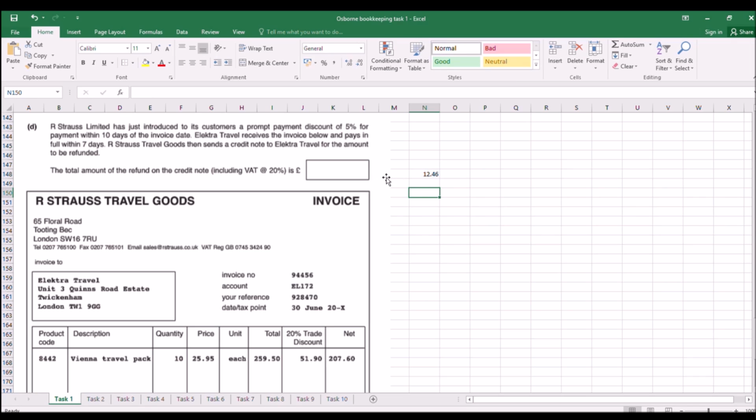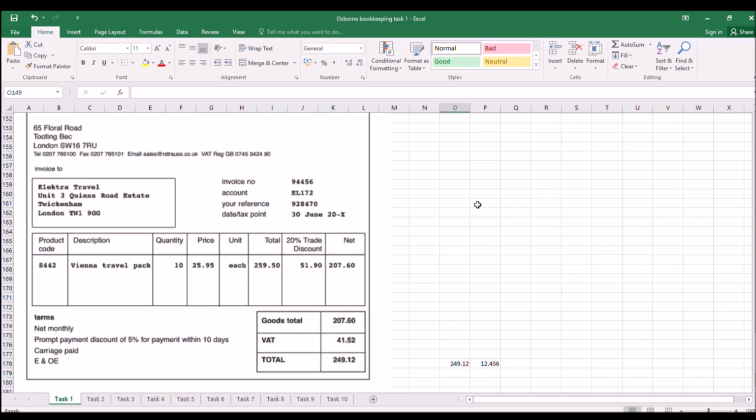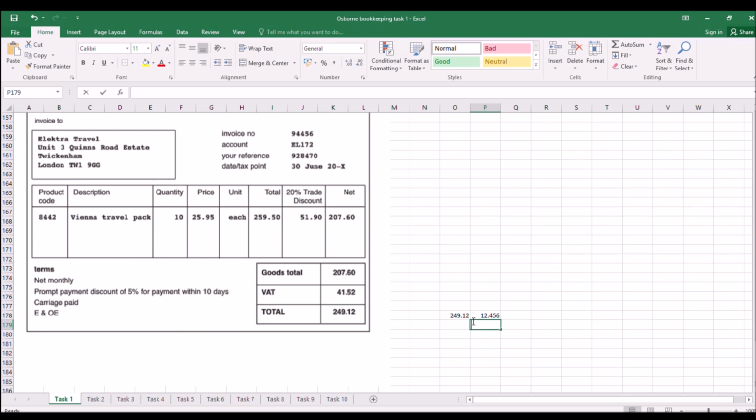If it was net of VAT, what we would have to have done is, if they said what was the net figure and what was the VAT, we would divide that by 1.2. So that would be the net figure. We would divide this first one by 1.2, and that would have been the original net one. And then we would times that by the 5%.